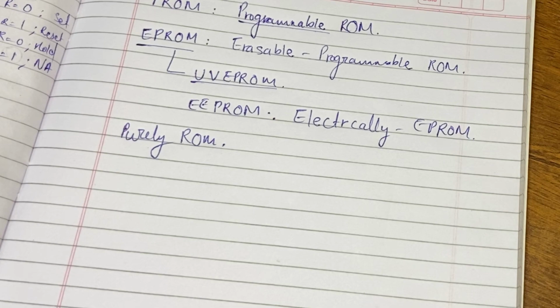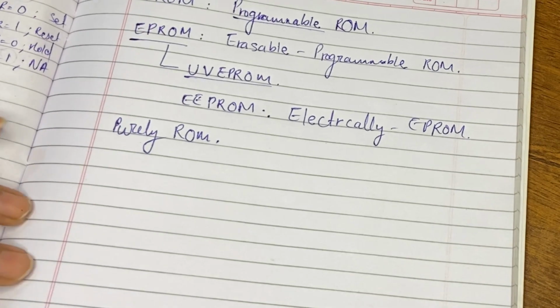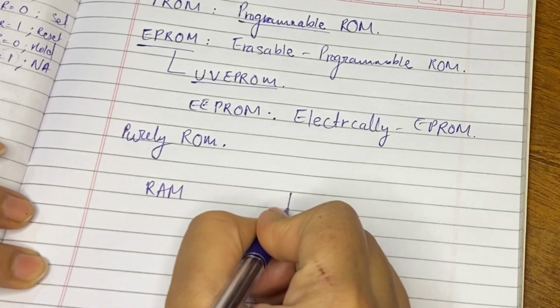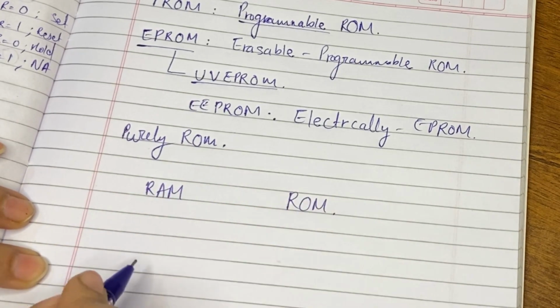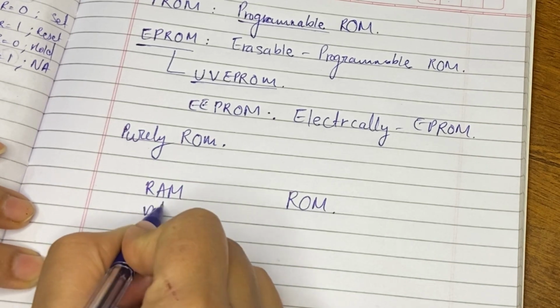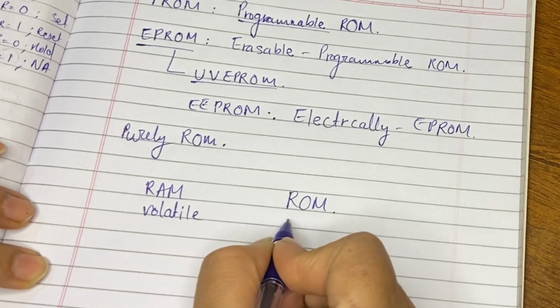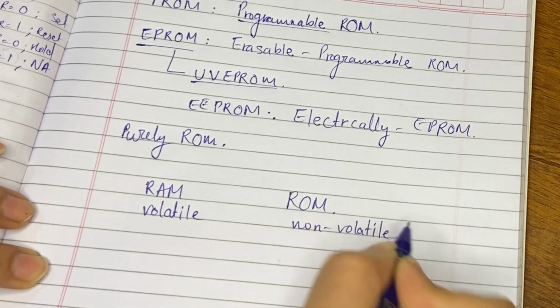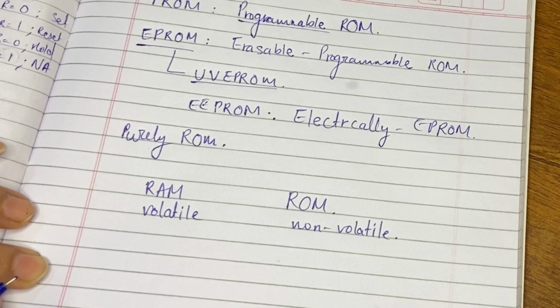Now I would like to emphasize one point. What is the difference between RAM and ROM? As we saw, RAM is volatile and ROM is non-volatile. How is it made volatile and non-volatile?